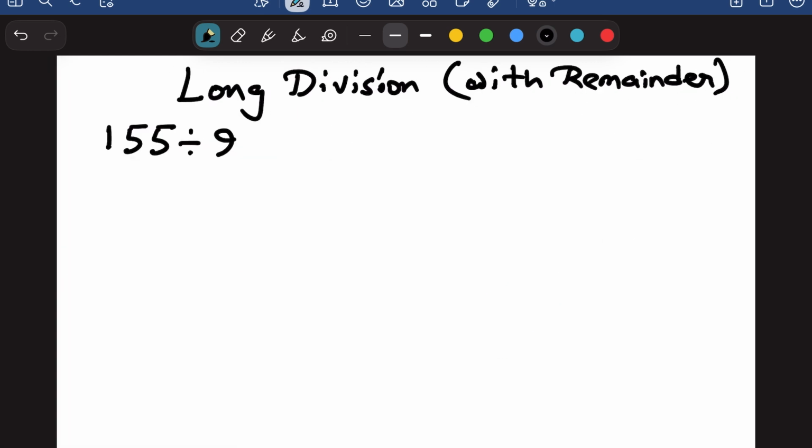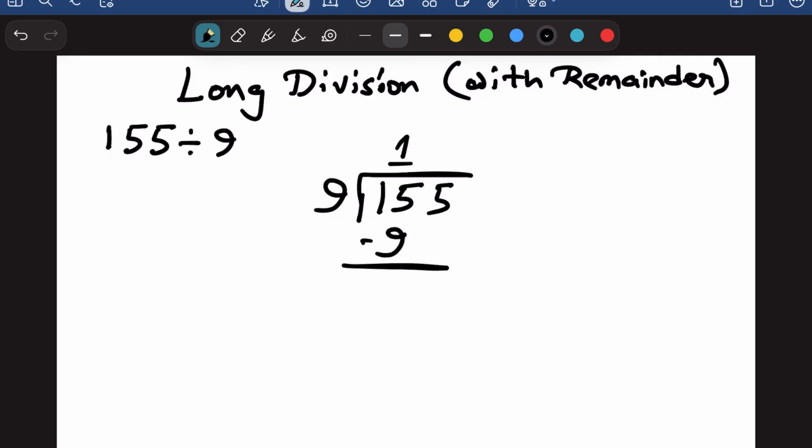Now let's do a long division with a remainder. So let's set it up the same way. So 155 divided by 9. So 9 goes in 15 how many times? 1 time. So 9 times 1 is 9. 15 minus 9 is 6. And then this 5 comes down here. This becomes 65.